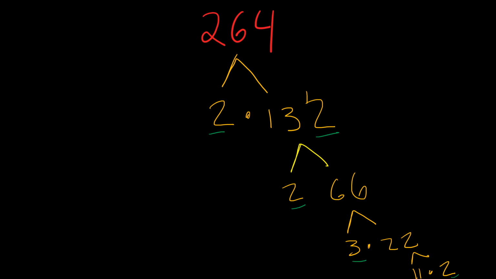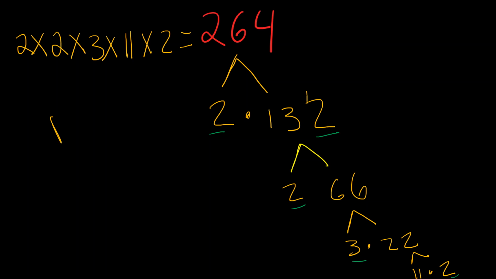The prime factorization of this number would be 2 times 2 times 3 times 11 times 2. And like I said, all these numbers are going to be prime, and when you multiply them together, the product should equal 264.